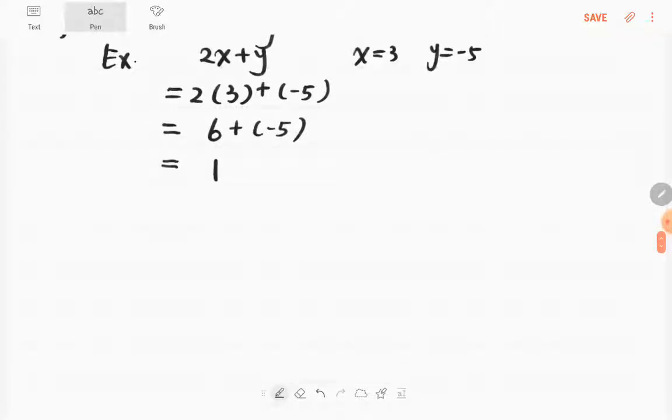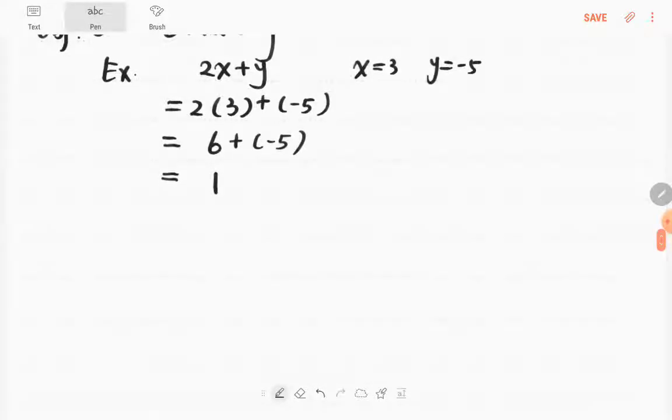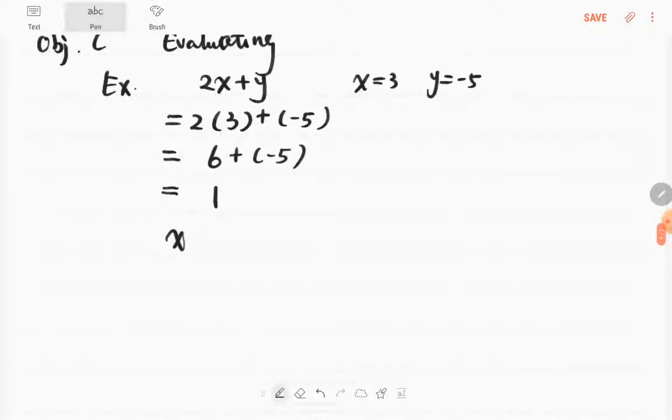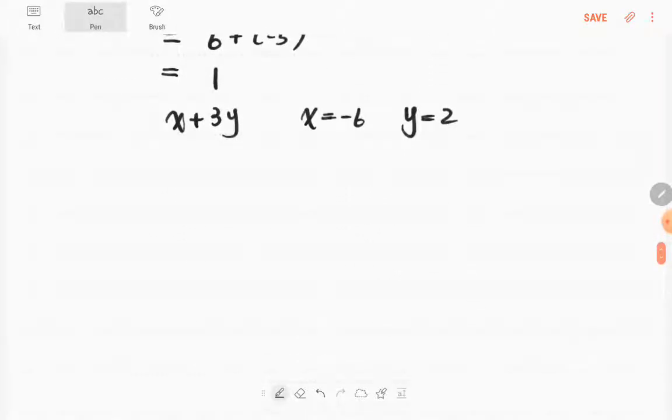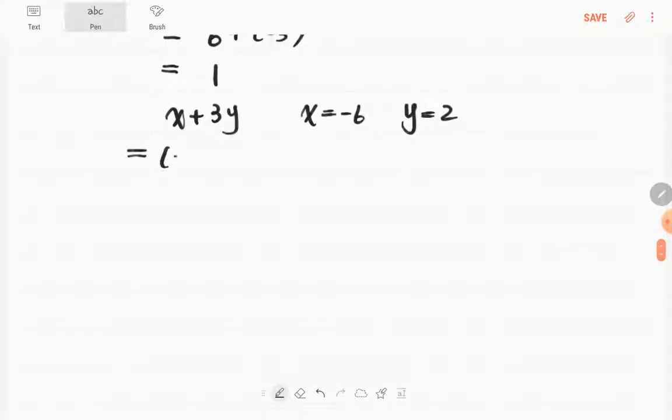We can check another one. If it's x plus 3y, when x equals negative 6 and y equals 2. So we use negative 6 to replace x, right?